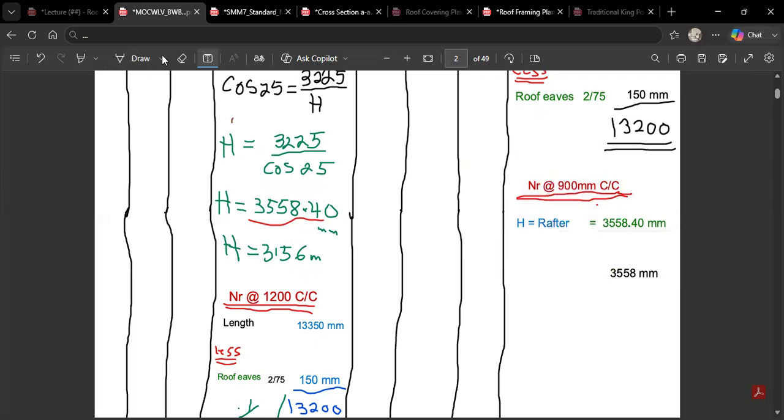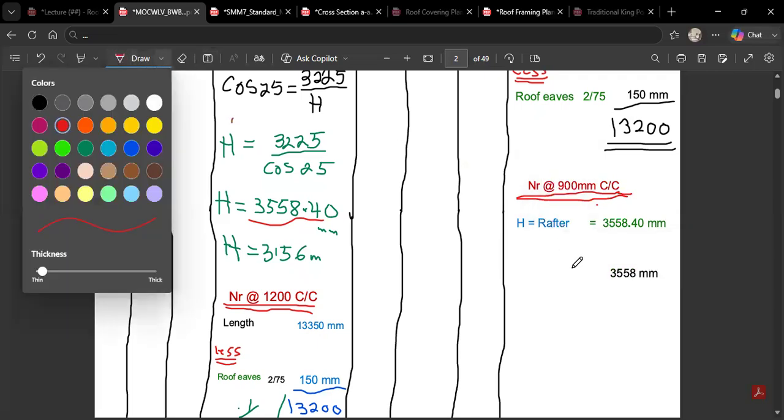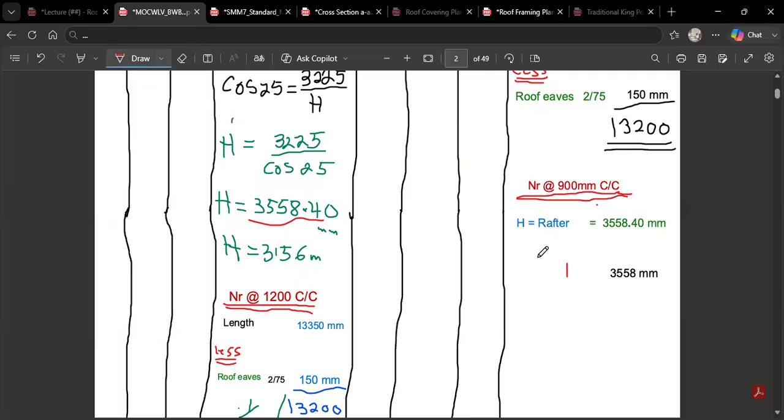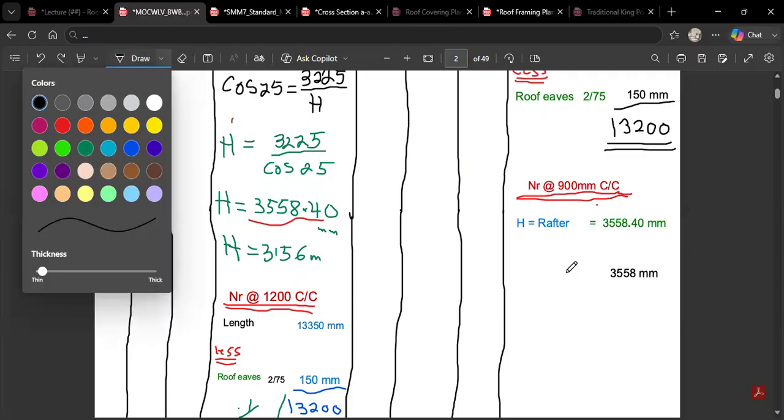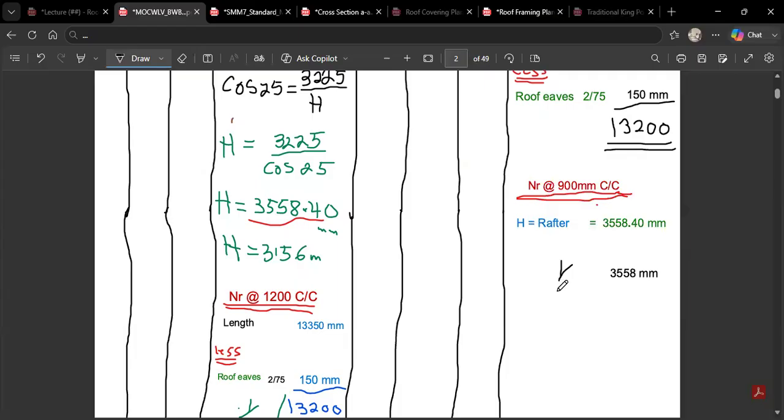So that is going to become 1 over 900 times 3558. As simple as ABC.